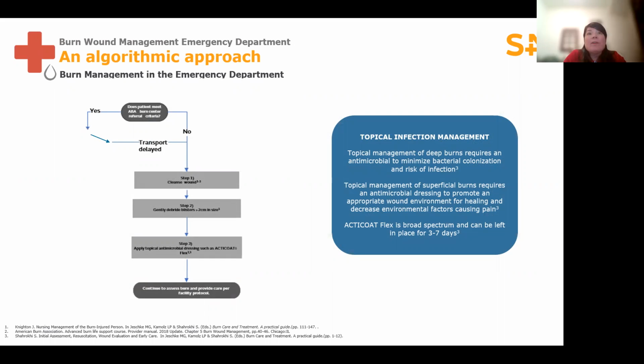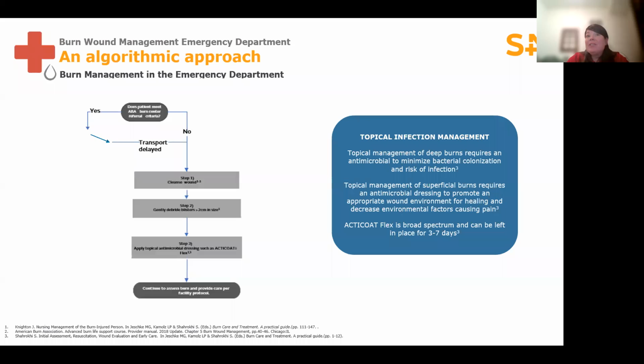Of course, following your facility's protocol for wound cleansing. As we spoke about, having all of those supplies ready and prepared, keeping the room warm. And it's really important to also gently debride any blisters that are greater than 2 centimeters in size, so that the antimicrobial dressing has the ability to reach that burn injury surface, but also so that you are removing any dead tissue.